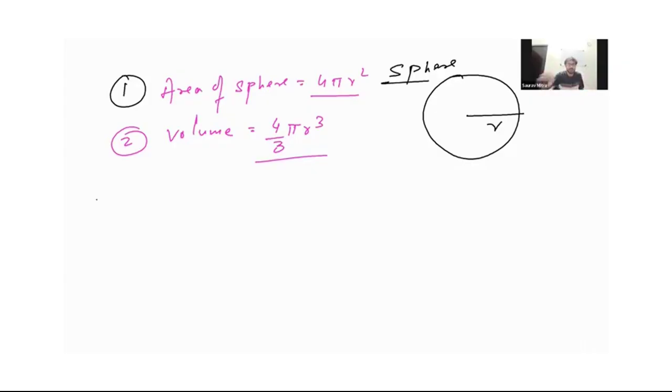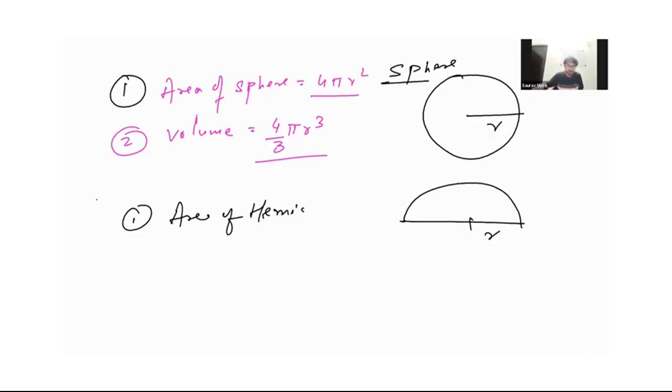If they ask you about the hemisphere, everything will be considered as half. So the surface area of the hemisphere, this is your hemisphere, half of the sphere, will be 2 pi r square, and the volume will be 2 by 3 pi r cube, half of that.